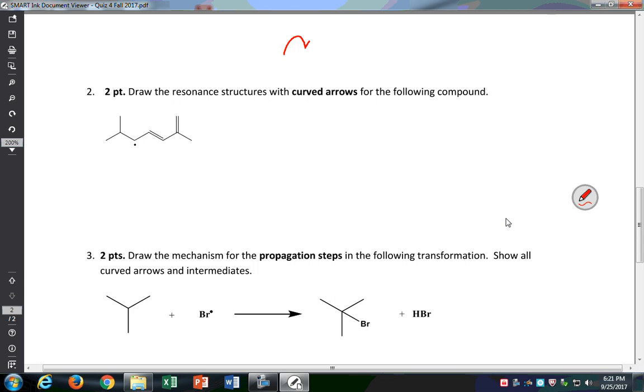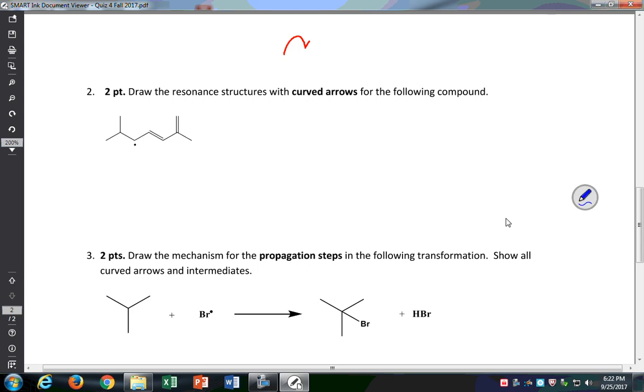This carbon has a full octet, only hybridized orbitals. You can't push electrons onto that carbon because we have to have a leaving group. Any carbons that are single bonded that don't have lone pairs are not going to participate in resonance. So no sp3 carbons.